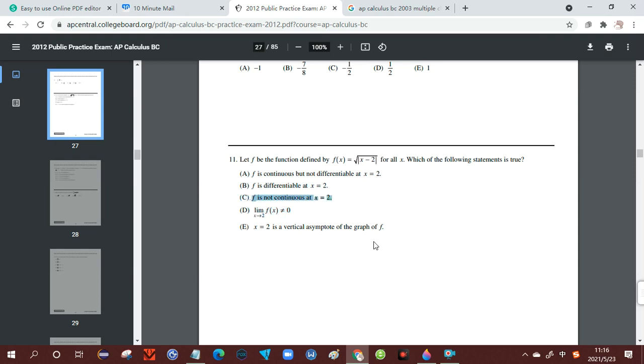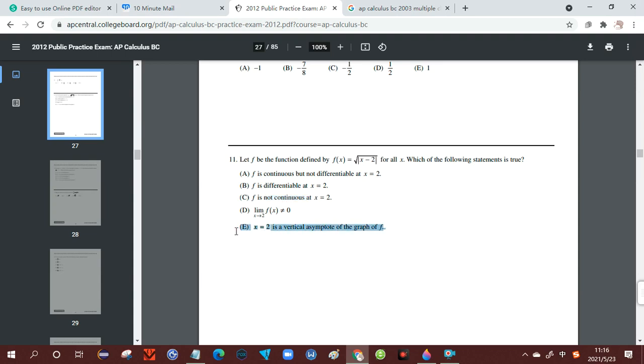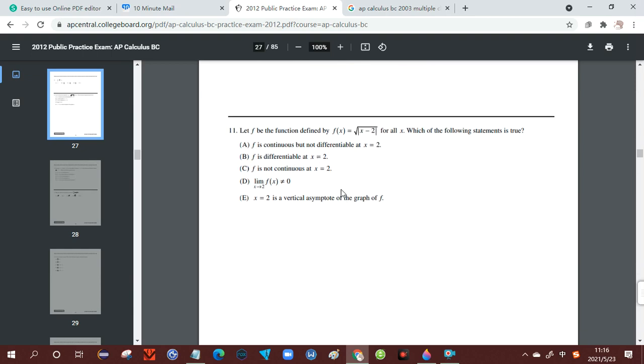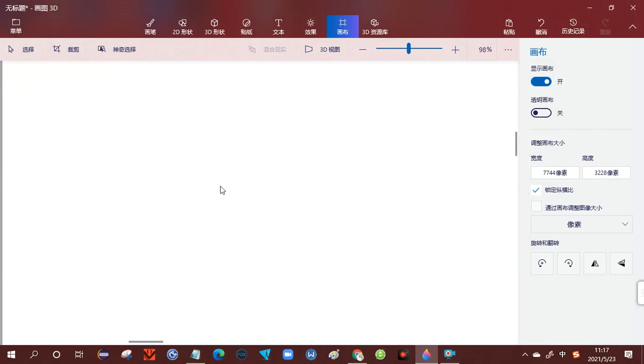It is also impossible for it to have a vertical asymptote, because its graph is very different. It's definitely not an asymptote, so we eliminate E, and we only have B and A. We know that at point 0 it is not differentiable because both sides do not reach the same value. So it's continuous, but not differentiable, because the graph at 0 approaches infinity.